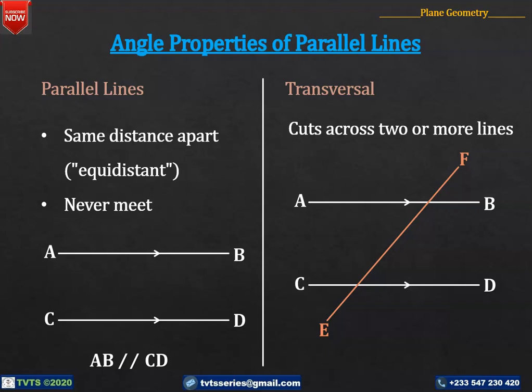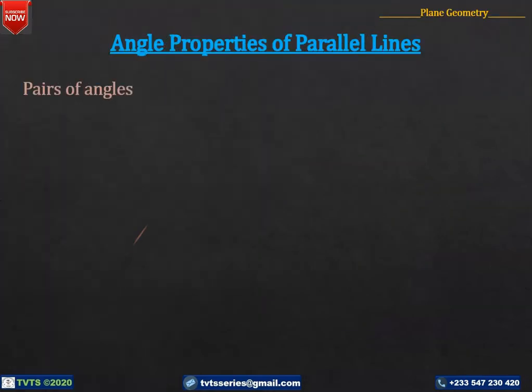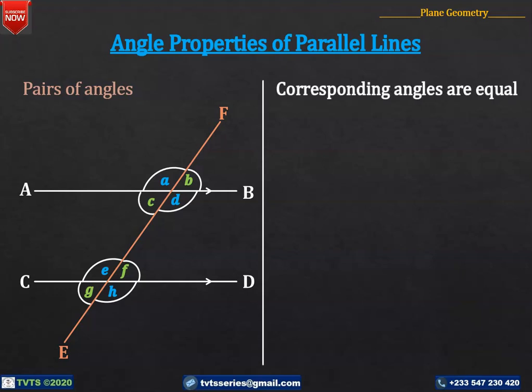When a transversal crosses parallel lines, they form pairs of angles. Corresponding angles are equal. Corresponding angles look like an F shape.